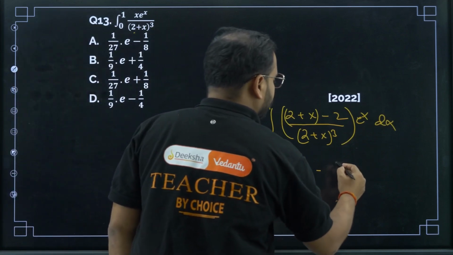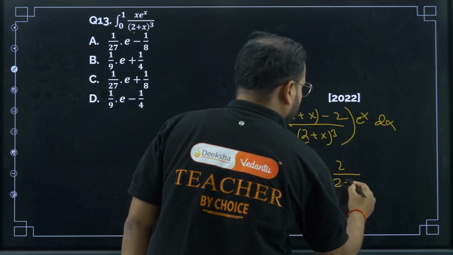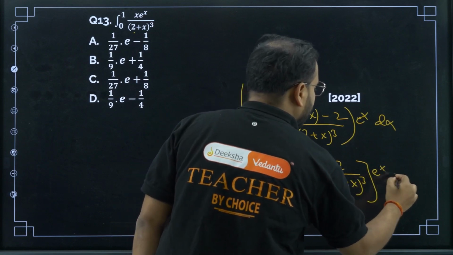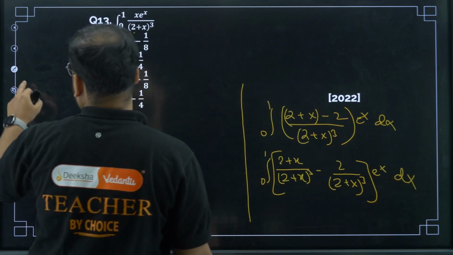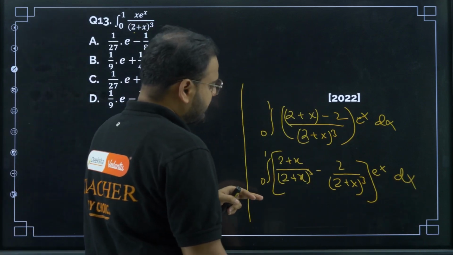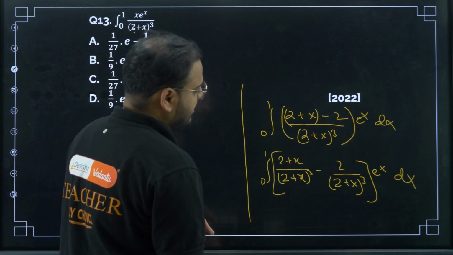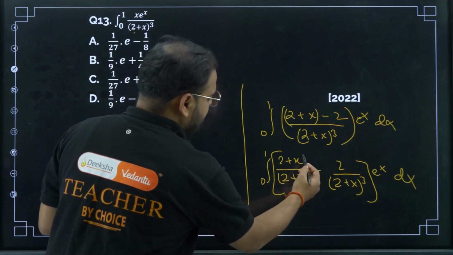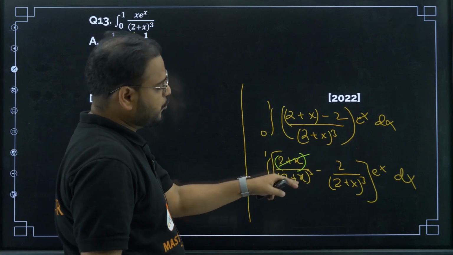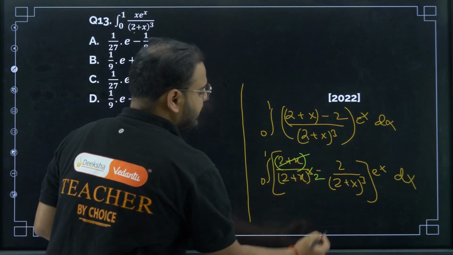Okay, I can write here minus 2 upon (2 plus x) the whole cube, e power x dx. Now I'll show you how it is f(x) and f dash of x. Have a look. If I cancel one 2 plus x from the numerator against the cube, this will become simply 2.